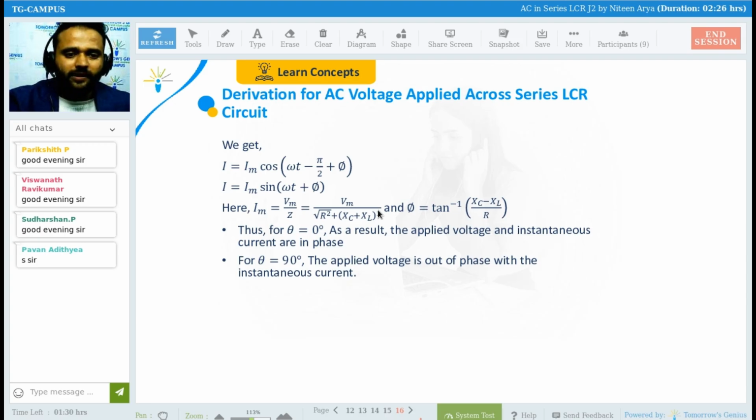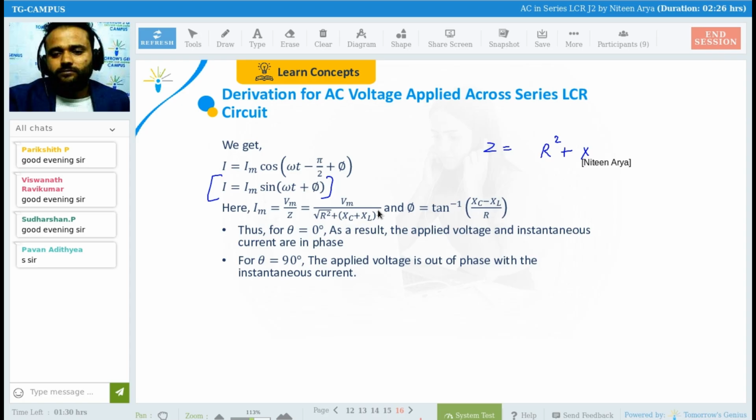Is that clear, everyone? So till now we are just trying to find I in terms of omega t and phi, because phi we know as the phase angle, Im we know, and omega t we know. Here Im is Vm by Z, and Z is again the square root of R square plus (XL minus XC) square.